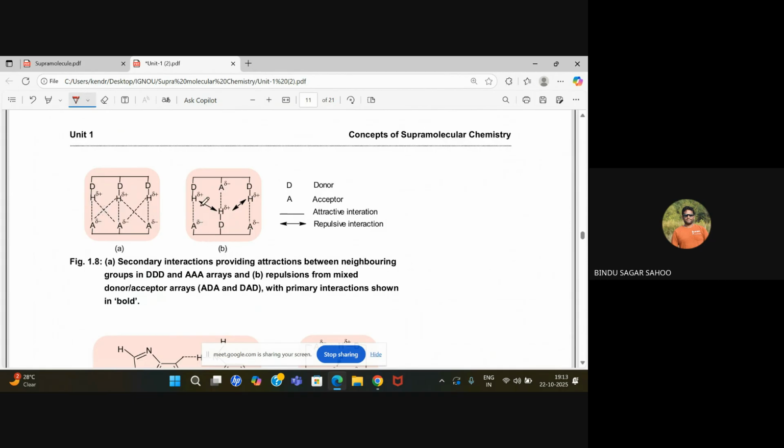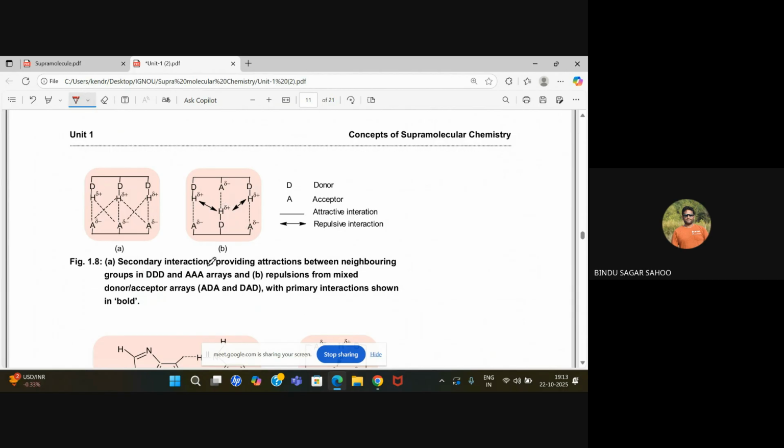But if you take one compound with a DAD arrangement and another compound with an ADA arrangement, you get both attractive interactions along with repulsive interactions.